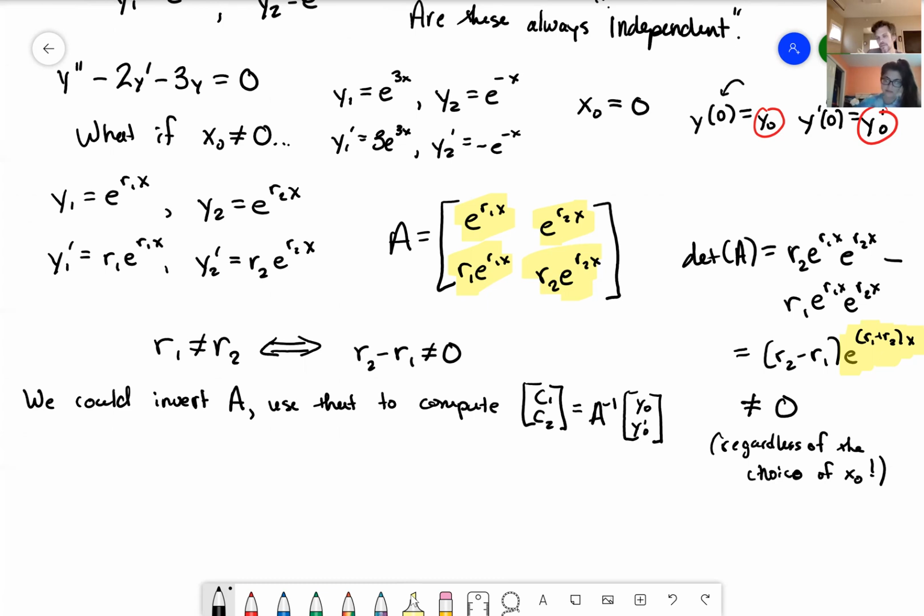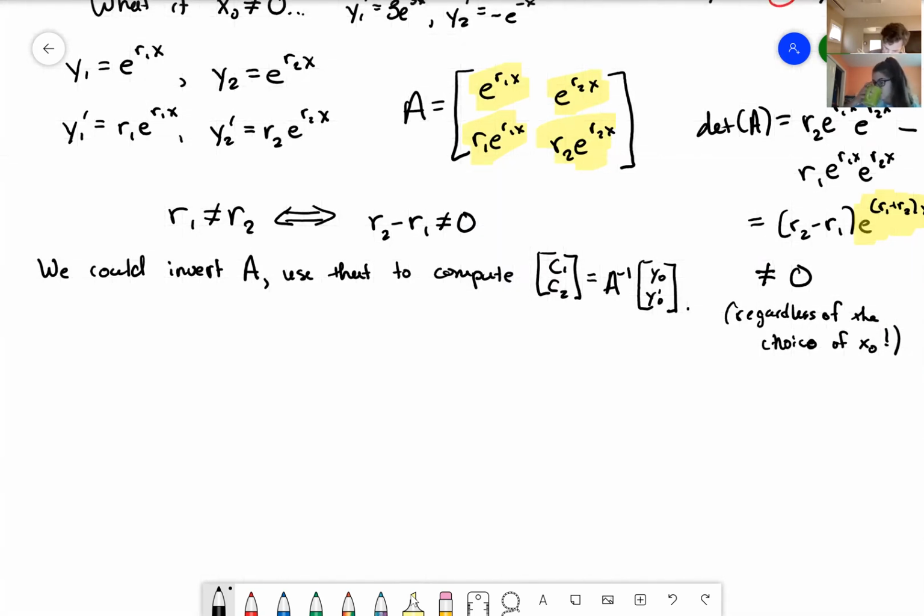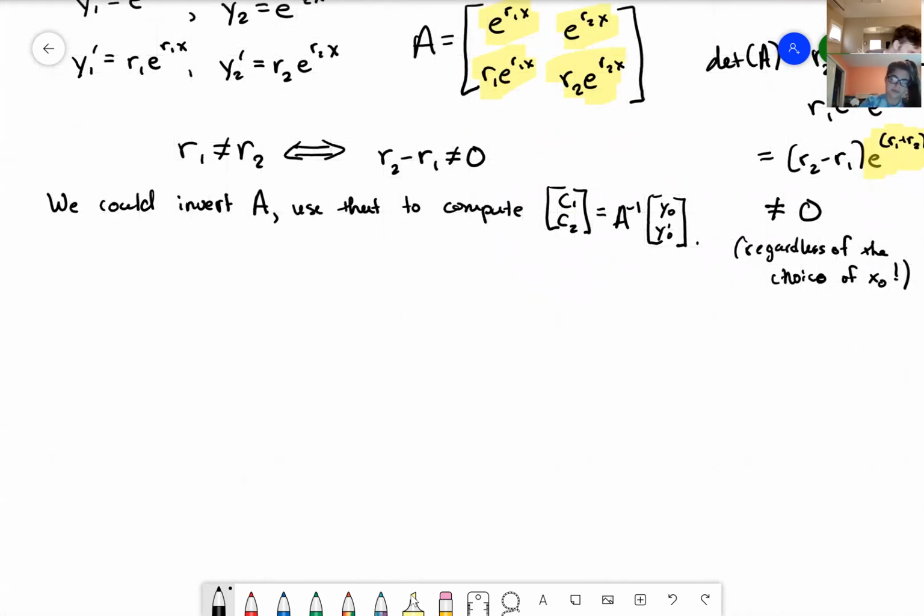And we would get it in general for all x0, y0, and y prime 0. There'd be a lot of writing out, and it would give us a formula that we could memorize, but it's not particularly useful to memorize it. So we'll just look at what happens in the x0 equal to 0 case. So we'll figure out how that works out in general. And so what we get in that case is A is 1, 1, r1, r2. So that's what we get when we plug in x equals 0 to these.